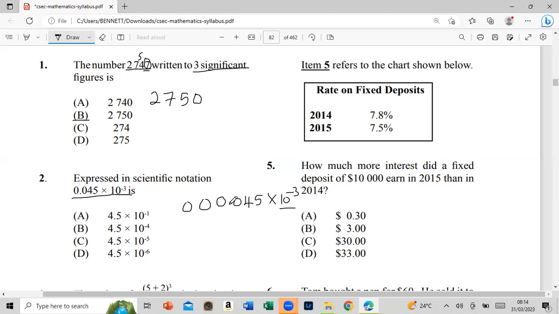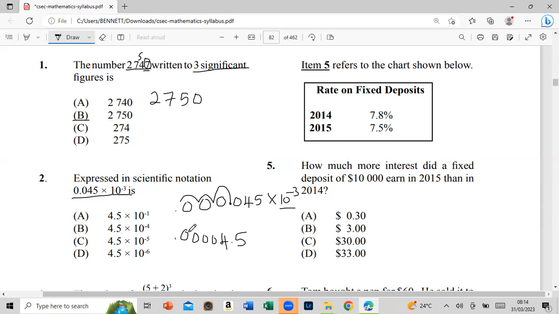Alright, so let's go. So we have 1, 2, 3, 4. And then we have 4, 5. Now to get it to scientific notation, we need to carry this place right here. So let's check how many we have right here now.